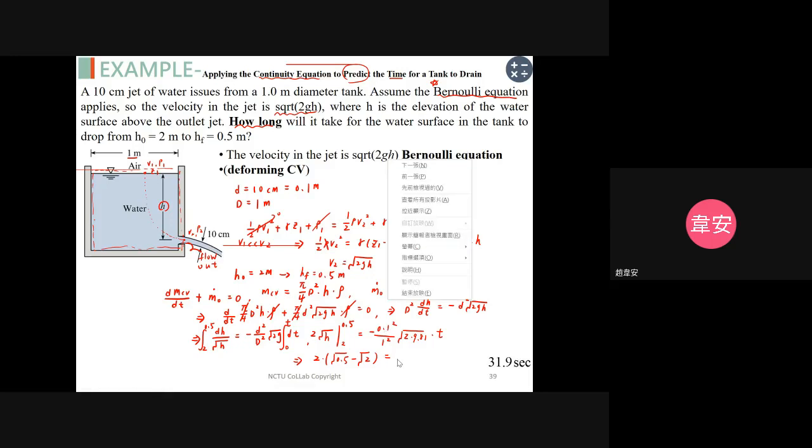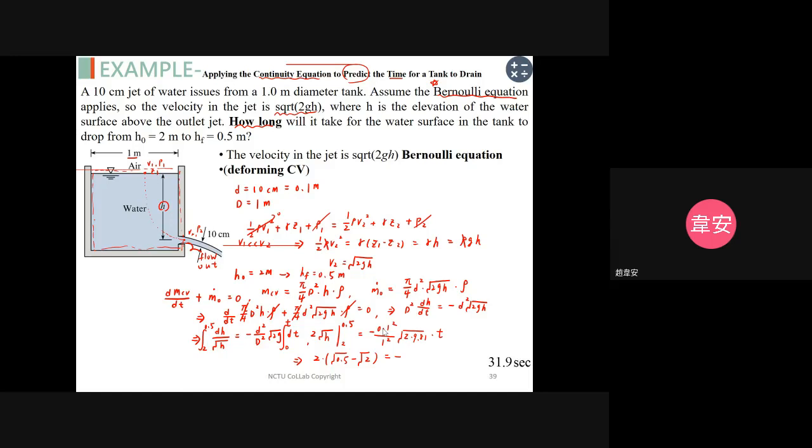This is the minus, and this is 0.1 squared, 0.1 multiplied by 0.1, multiplied by the root of 2 times g, 9.81.